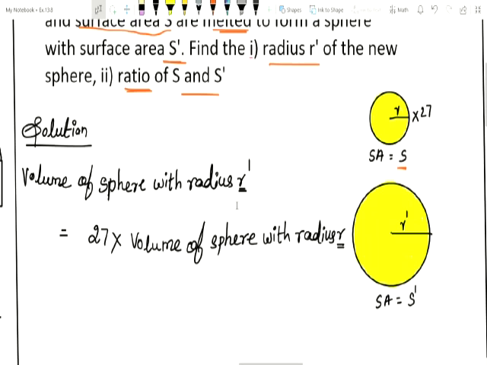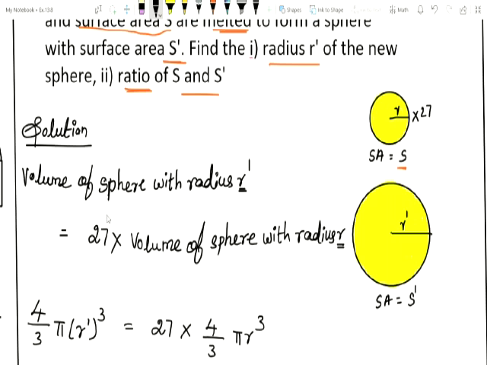Okay, so R dash we are going to find. Okay, so what is the formula, children? Volume of sphere with a radius R dash. Volume of sphere, what is the formula? 4 by 3 pi R cube. Here R is represent R dash. R dash the whole cube equal to 27 into volume of sphere with the radius R. So 4 by 3 pi R cube.